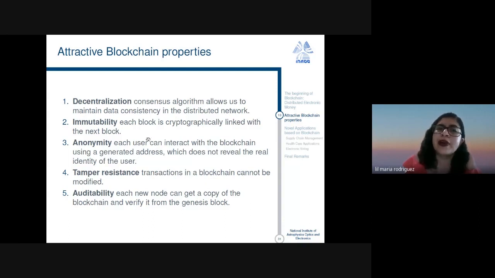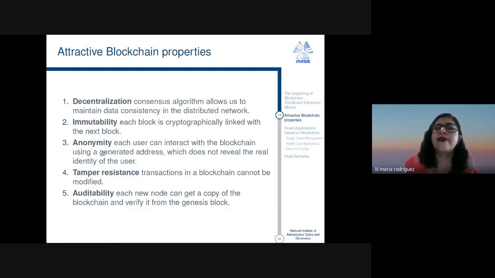Another nice property that blockchain has is immutability. Each block is cryptographically linked with the next block. This means that if I want to change some details of the transactions, this will be very hard, very difficult to do.